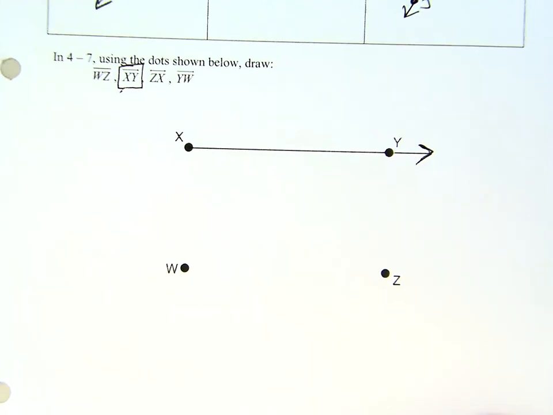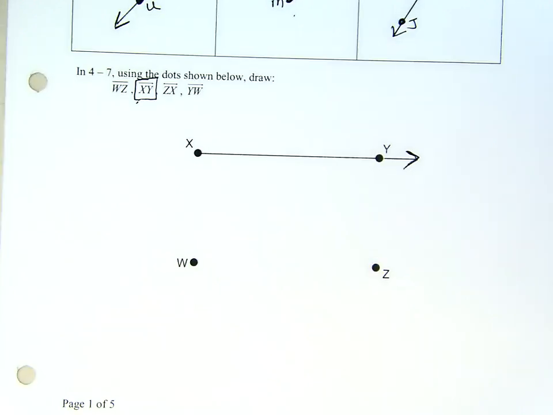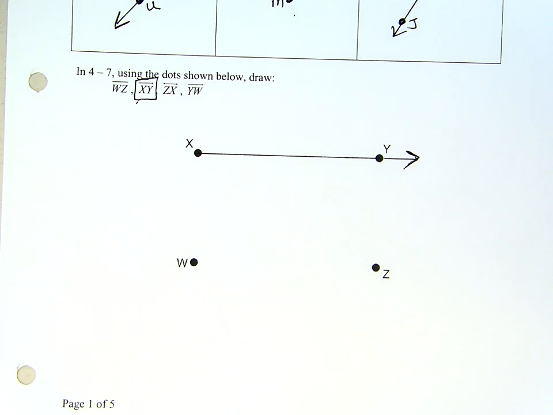Oh, and please do use the rulers when you go to do these. I do want nice straight lines. Lines really shouldn't curve. That stuff's coming later in the year.